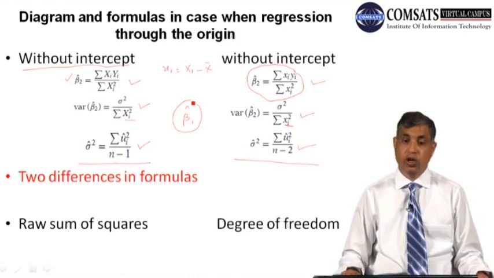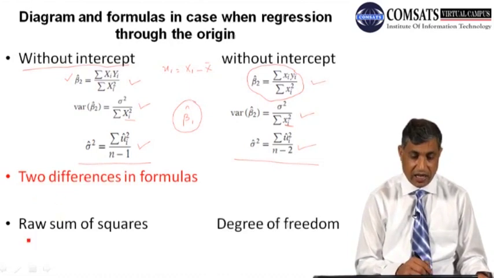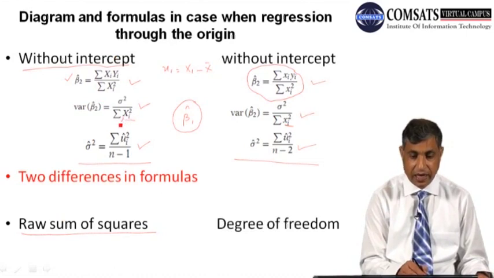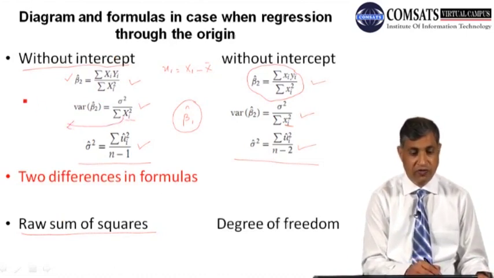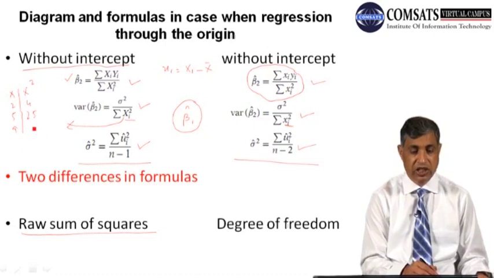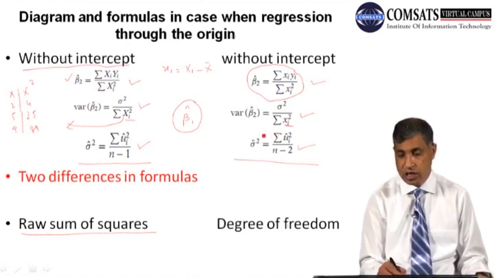Two differences in formula. Again, go back and see the two differences. The first is raw sum of squares. A raw sum of squares means, when I said this is the capital, this is the raw sum of squares. For example, this is x: 2, 5, and 9. It is simply x squared, the raw sum of squares: this is 4, this is 25, and this is 81. But on this side there is the sum of squares that is the deviation from the mean.